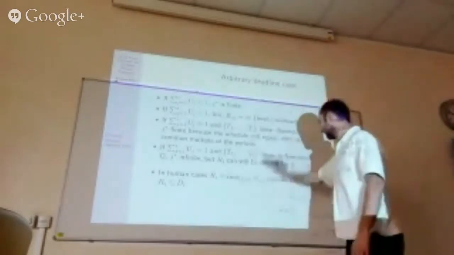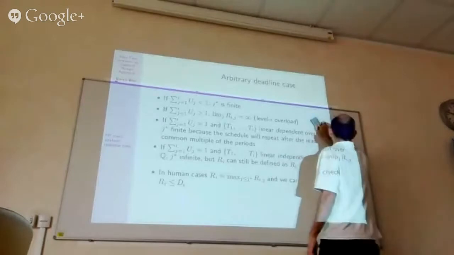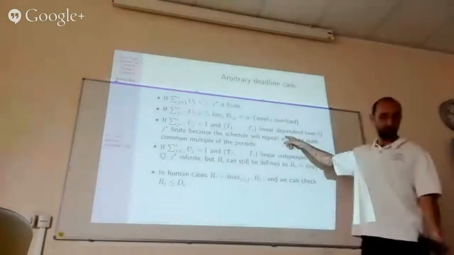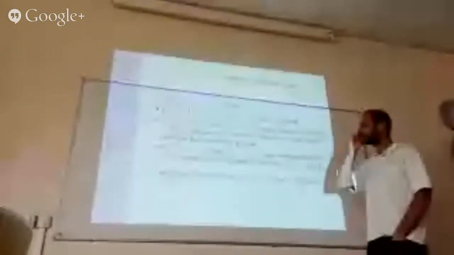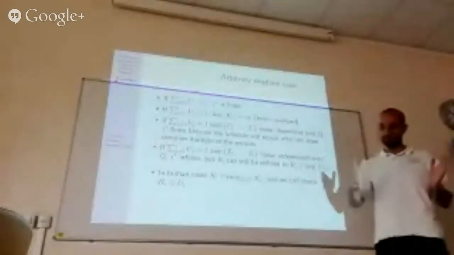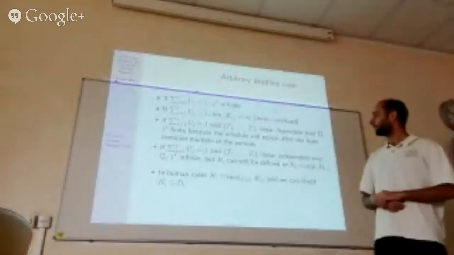Okay, so right, going back to this strange case. If the periods are linearly dependent over the rationals, it means that there is a hyperperiod, and J star basically is the number of jobs that fit into one hyperperiod, okay?